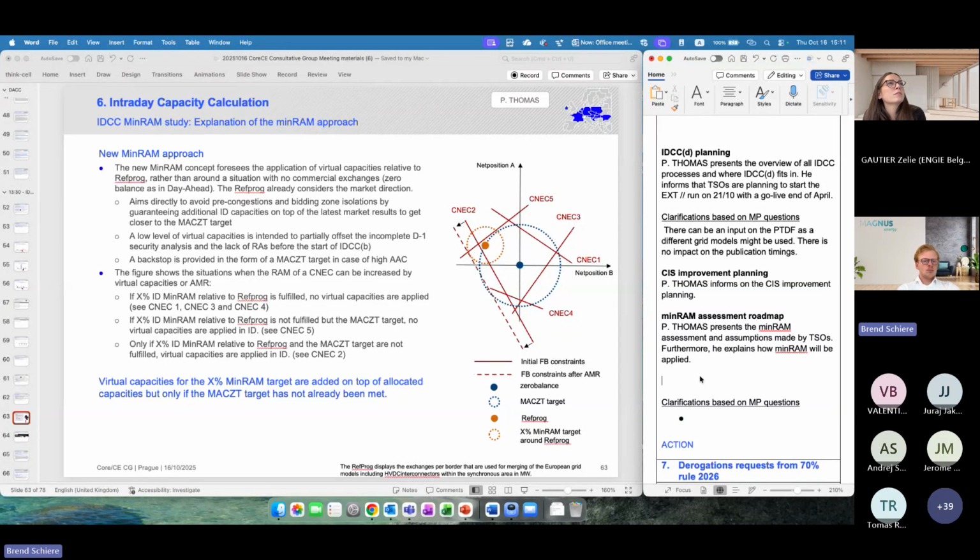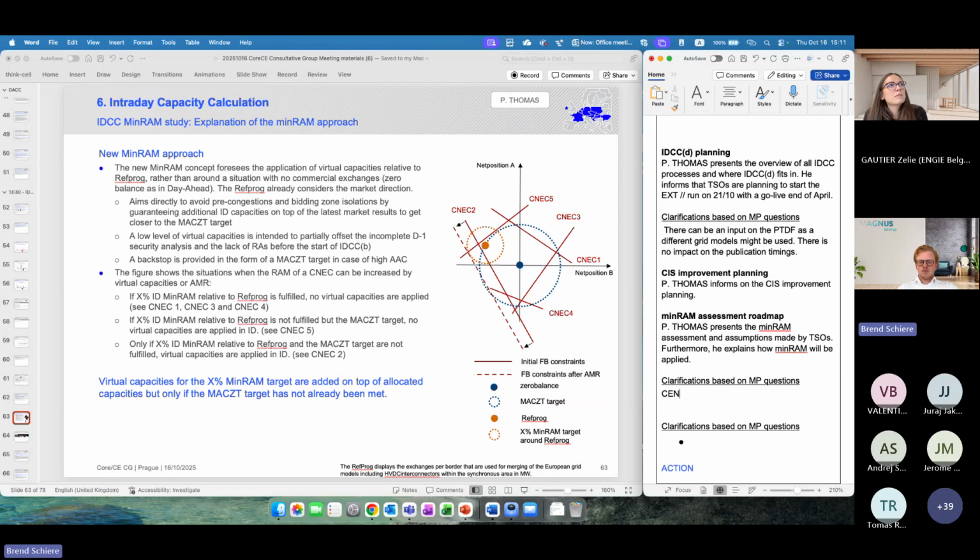So this is also one point of the proposal here of the methodology, that NEC 5 is not moved because NEC 5 already fulfills the MAC-CT target. So NEC 5 is outside of the blue dotted circle. There are already 70% allocated after the day-ahead market, for example. So we will not create more virtual capacities than the 70%. So NEC 5 is not moved here.